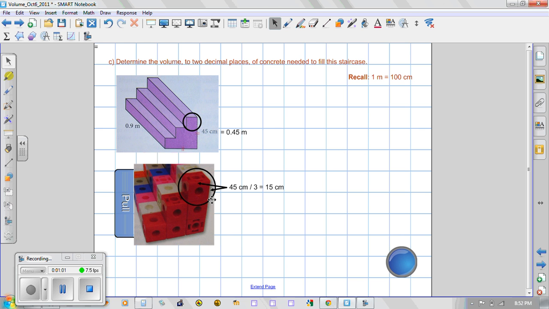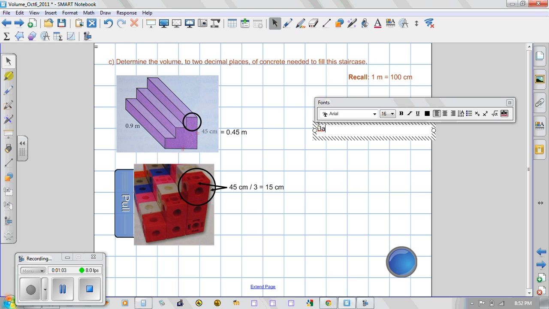So when we go ahead and calculate the base area, we're going to be looking at a square of 15 centimeters by 15 centimeters. And then we're going to be looking at 6 of them. So we'll multiply that figure by 6.